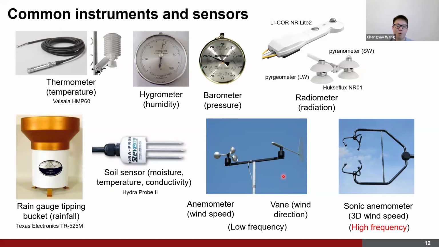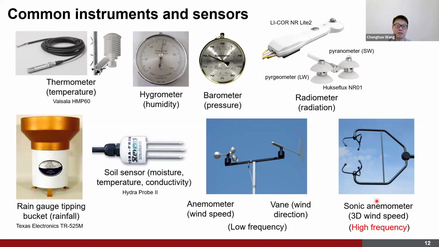flux. So this is why researchers developed the sonic anemometer, which can measure the high-frequency three-dimensional wind speed. And using this three-dimensional wind speed, we can also derive the wind direction. This kind of instrument uses ultrasonic sound waves to determine the instantaneous wind speed.